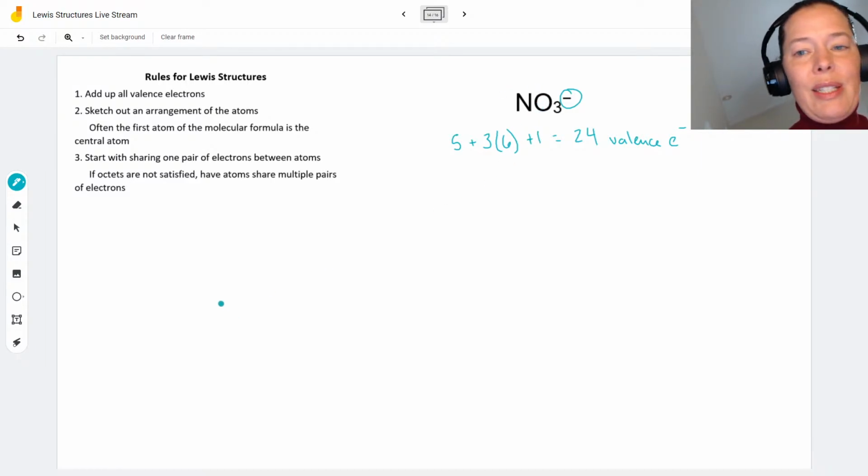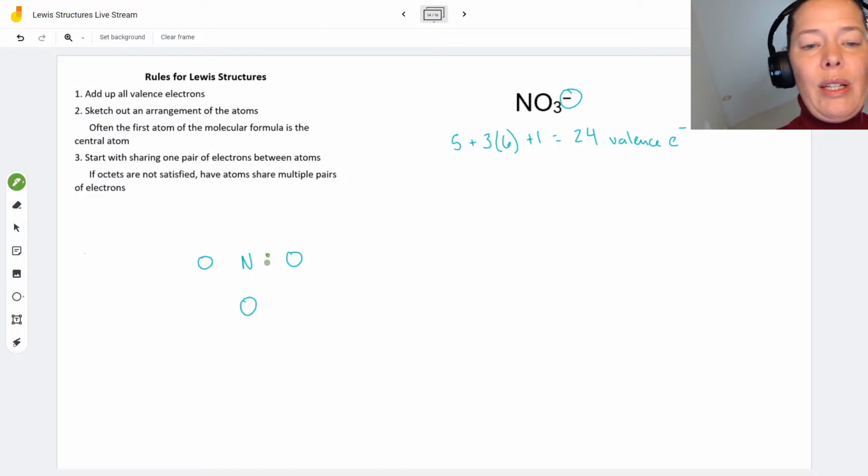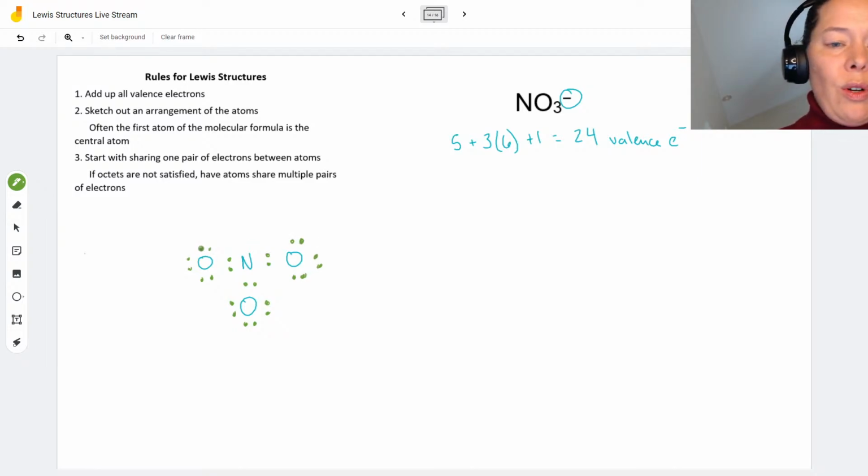Assuming nitrogen as my central atom. So I have nitrogen, oxygen, oxygen. As usual, I'm going to start with single bonds. So single bonds here. That is 6, 8, 10, 12, 14, 16, 18, 20, 22, 24.